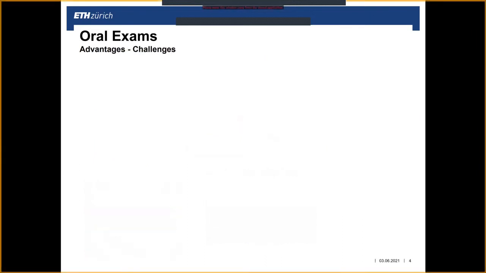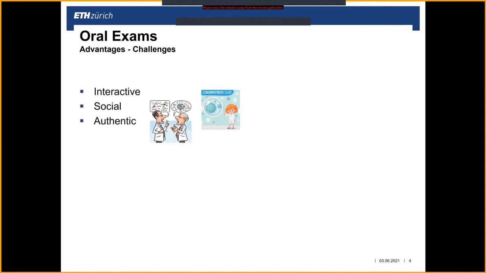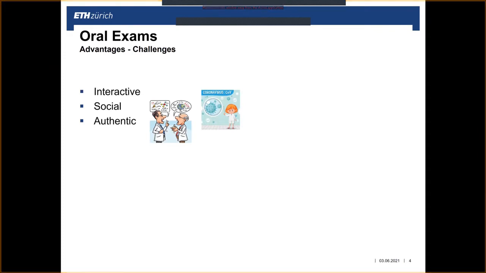Now, from this perspective, we can summarize certain distinctive advantages, but also challenges of oral exams as compared, for example, against written examinations. So first of all, one very unique advantage is oral exams are interactive, they're social, and usually they're quite authentic in the sense of engaging in an academic discourse.